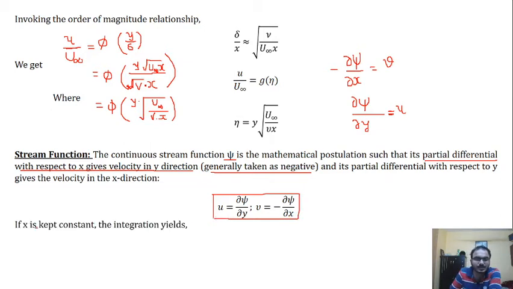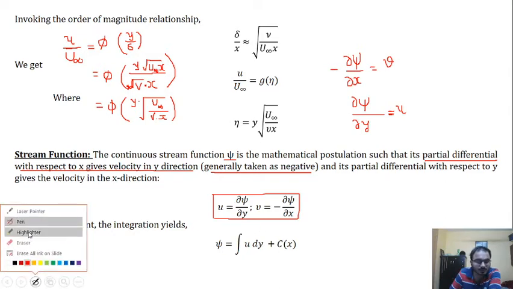If x is kept constant, let us focus on this part now.